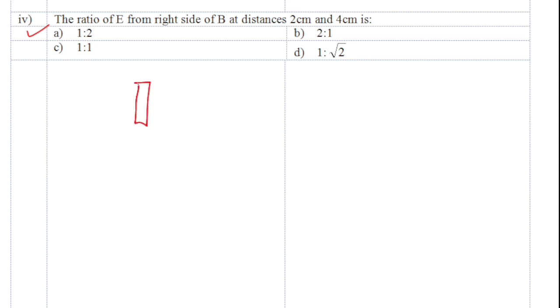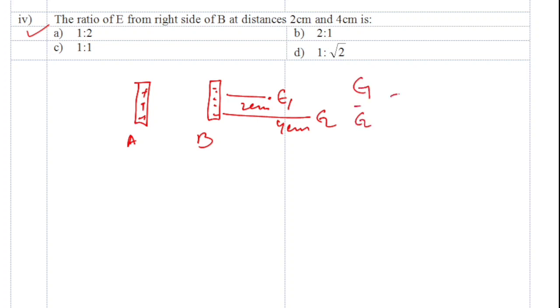This is plate A, positive plate. This one is plate B, negative plate. You have to find the ratio of electric field on the right side of B, one at a distance 2 cm from this plate and one at a distance 4 cm from this plate. Suppose this is E1 and this one at a distance 4 cm is E2. Now you have to find the ratio E1 by E2. How much? Try to solve it.